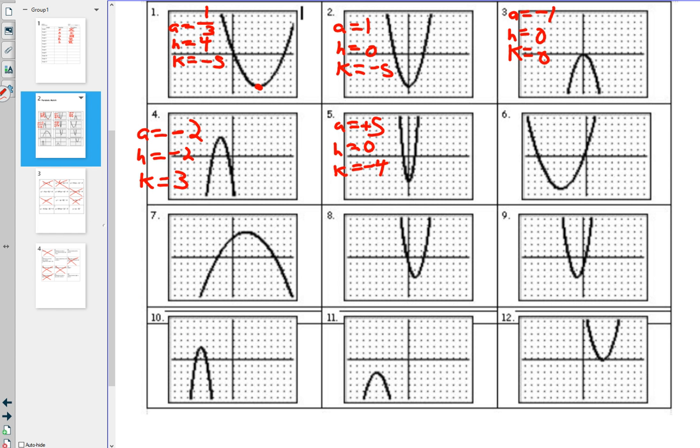Okay, this is still facing up. It doesn't look that much skinnier. If anything, it looks compressed. You can tell because when you go to the right, you're not even going up a full box. So it looks like some type of compression, but we know that A is still going to be positive. The H is 1, 2, 3, 4. I'm counting 4 to the left.